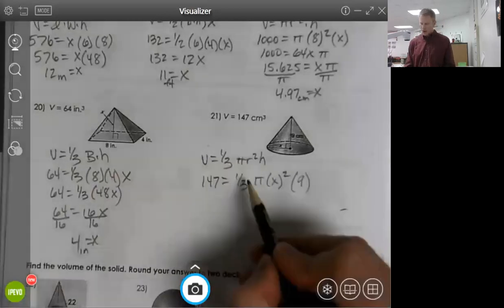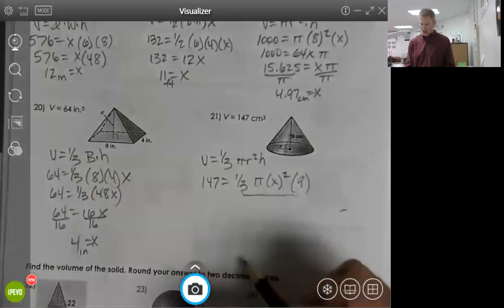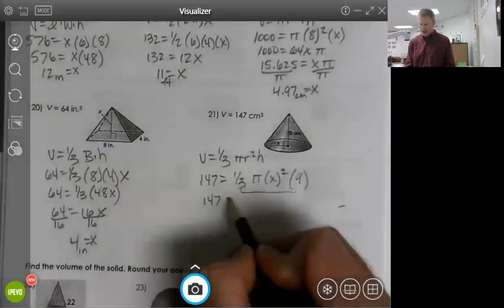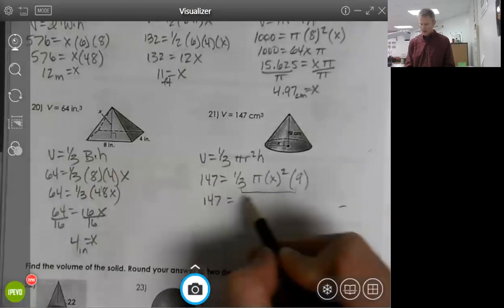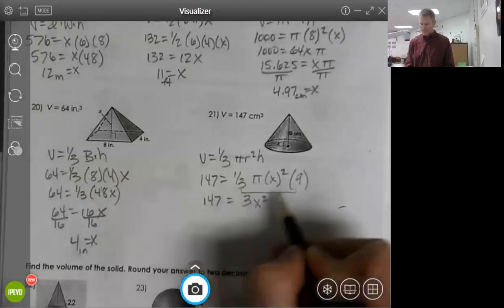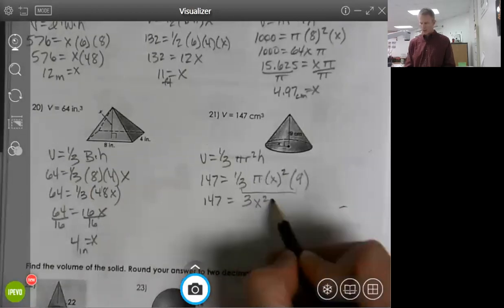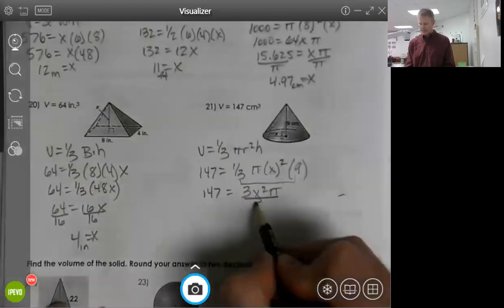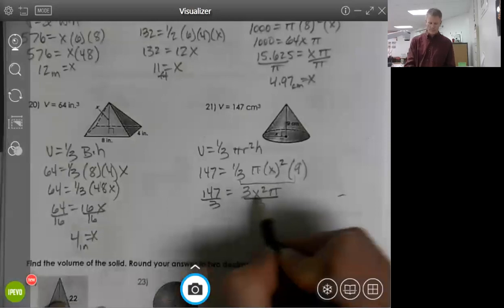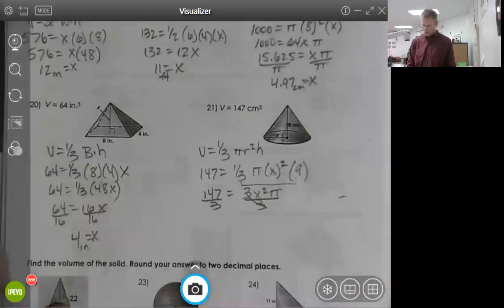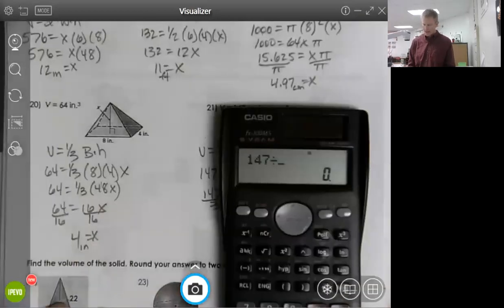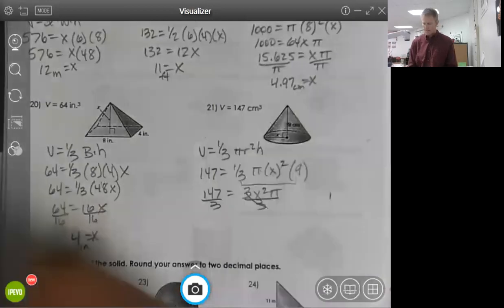So we can take 1/3 of 9 if you want to get rid of the 1/3. Now we have 1/3 of 9 is 3, x squared times pi. We're going to divide by 3. So 147 divided by 3, we get 49.